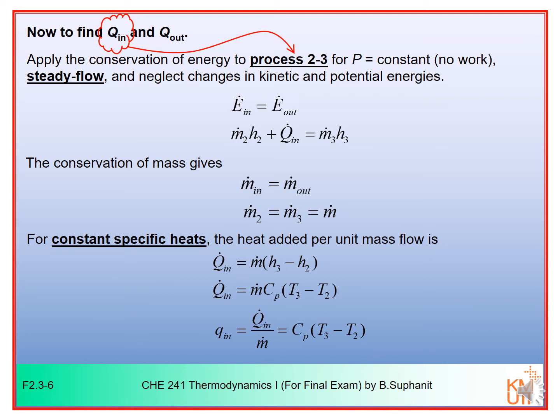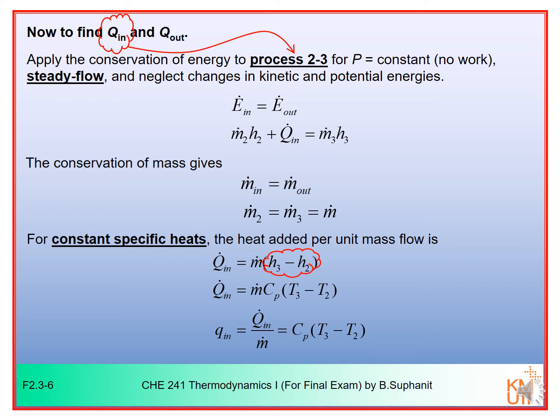Now, from the conservation of mass, we have a single inlet to and single outlet from the combustion chamber. It means m2 equals m3 and equals m dot here. Substituting m dot into the energy balance equation, we have Q in equals m dot multiplied by H3 minus H2.